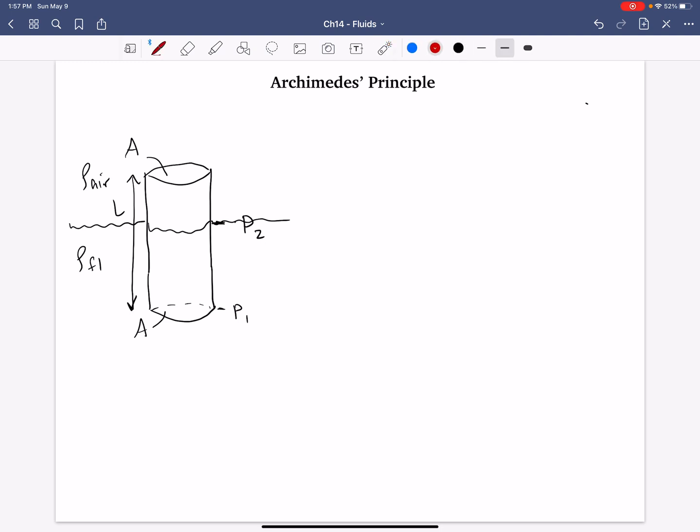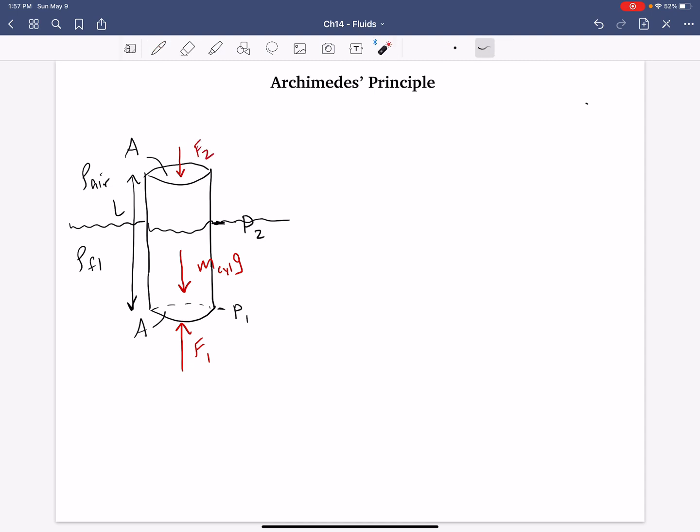Okay, so now let's look at the forces on this object. Well, it has its own inherent weight, right? So let's go from about the center of mass downwards. I'm going to call this the mass of the cylinder times g. That's the mass of the actual material plus all of the contents inside. And we have the force on the bottom pushing up, so that's F1, and the force on the top pushing down, F2.